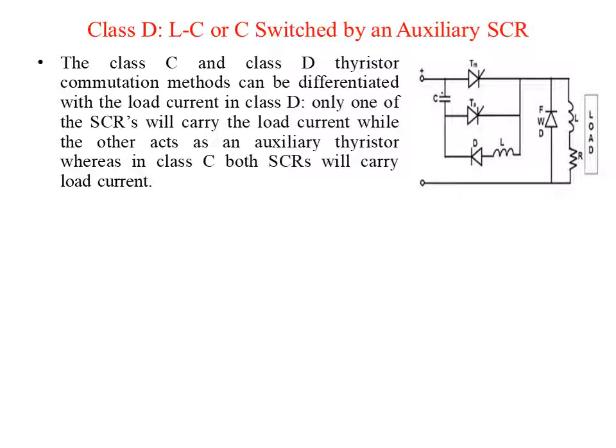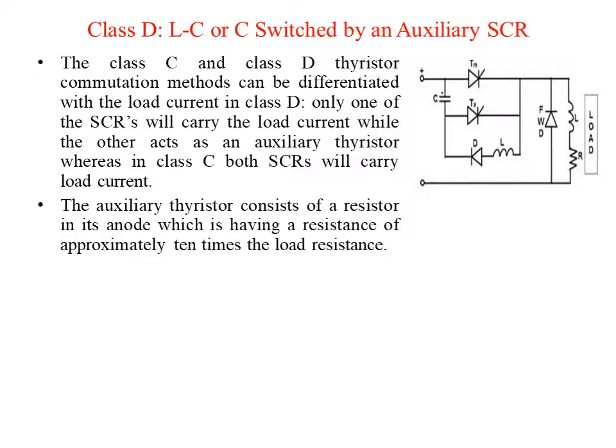SCRs carry load current. So the difference between class C and class D is that both have two thyristors each, but in class C the load current is carried by both the SCRs, whereas in class D the load current is carried only by one SCR, not by two SCRs.